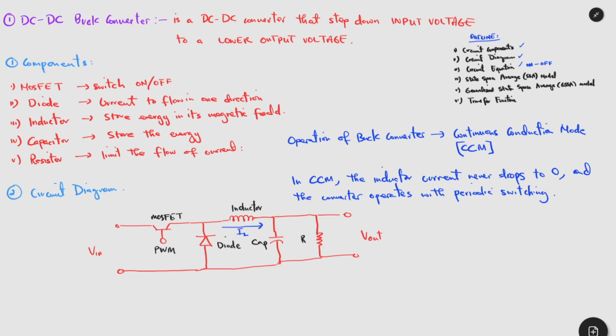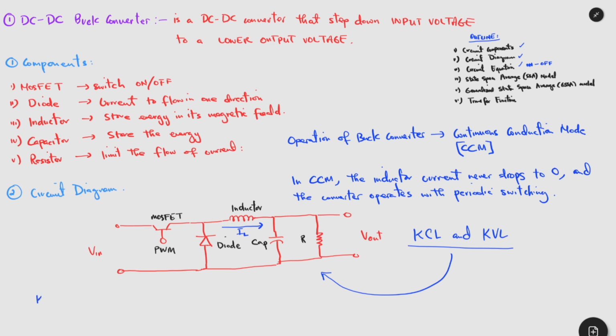To derive the second equation, we will see that the Kirchhoff current law and the Kirchhoff voltage law play a very important role in deriving the equation of the buck converter.